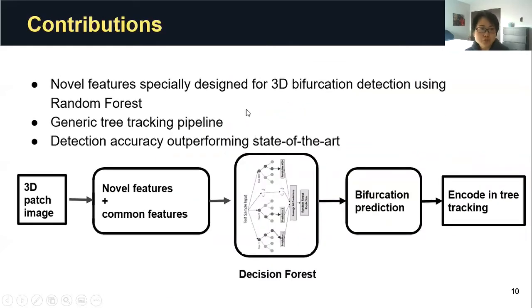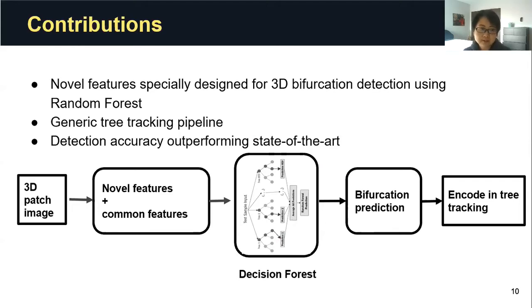The contributions of this paper include the following. We proposed novel features specially designed for 3D bifurcation detection using random forest. We proposed a generic tree tracking pipeline working with any kind of 3D image. And we reached detection accuracy which outperforms state-of-the-art works.